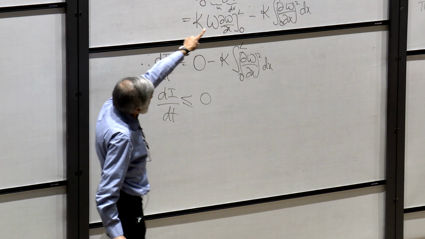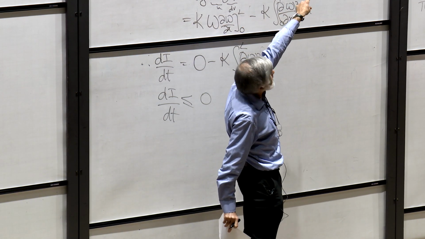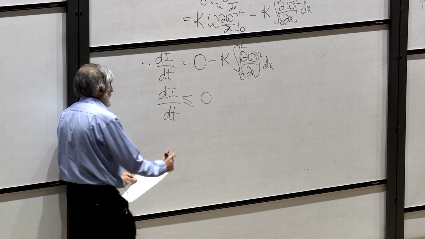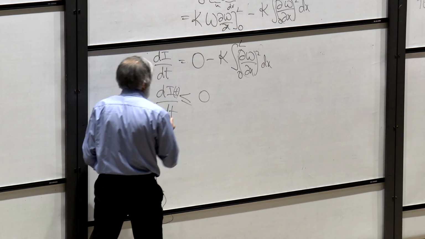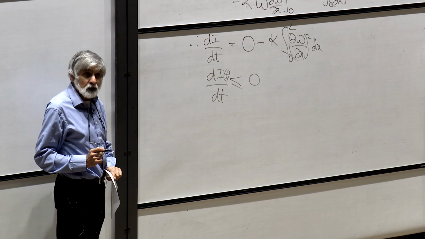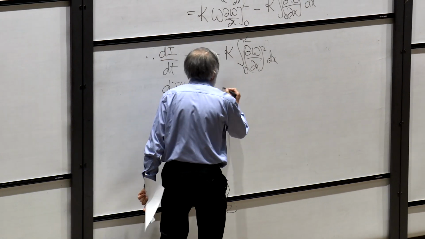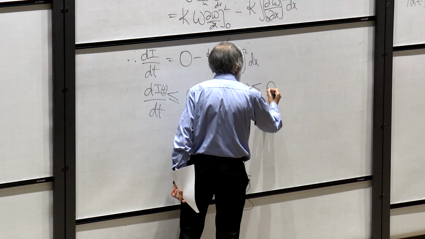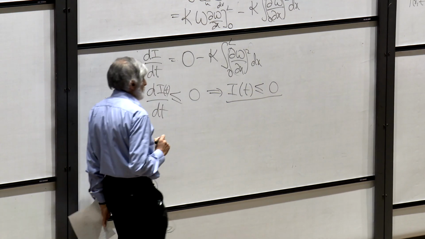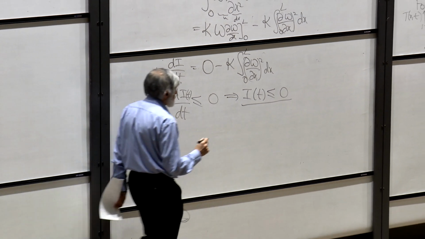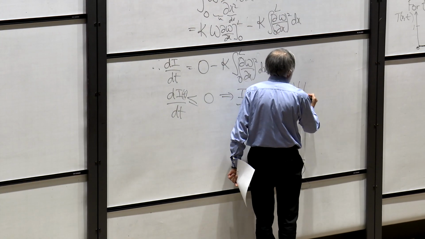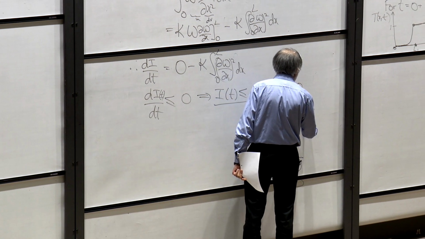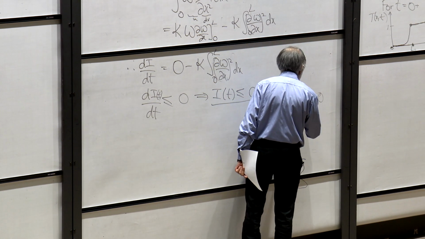So I started off at 0, and dI/dt for all t is less than or equal to 0. So that implies that I of t is less than or equal to 0 for all t bigger than 0, given I of 0 equals 0.